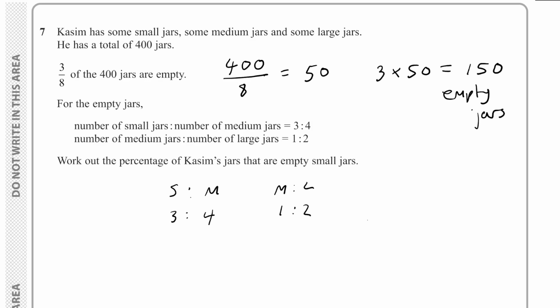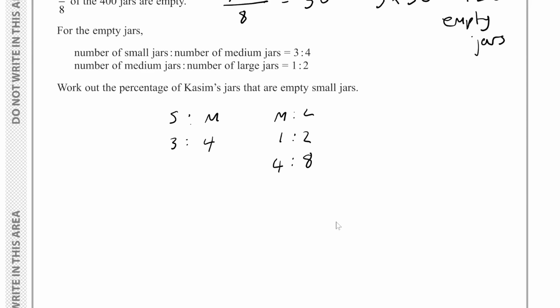So if I times my medium to large ratio by 4, I'll get 4 to 8. So now the medium number is the same for both. I can write the ratio of small to medium to large as 3:4:8. So for every 3 small jars, we've got 4 medium jars and 8 large jars.